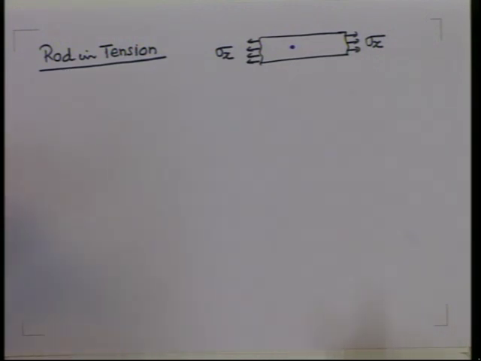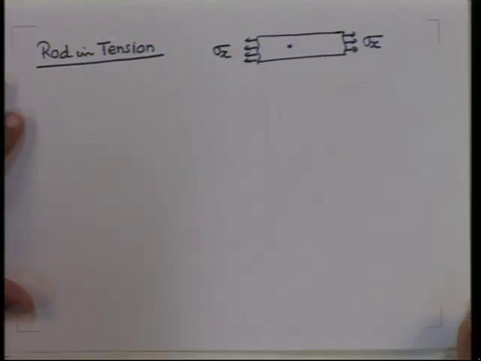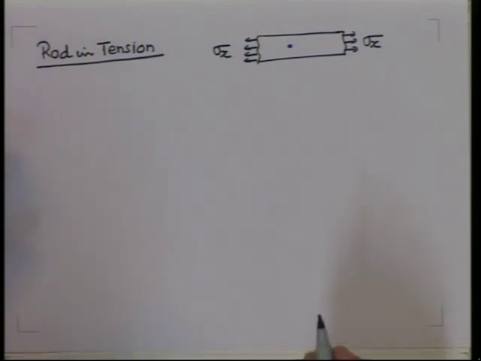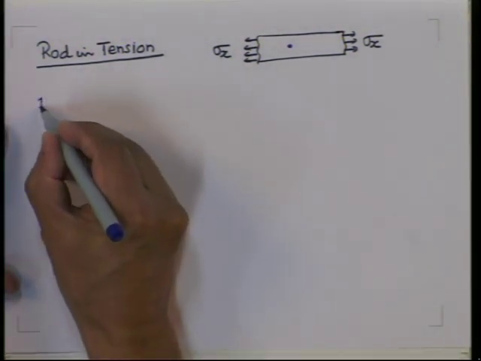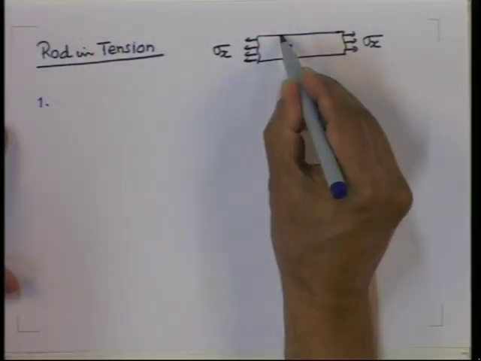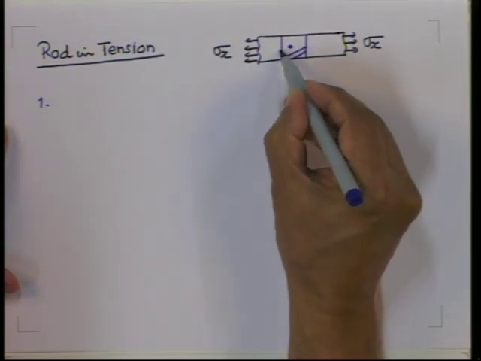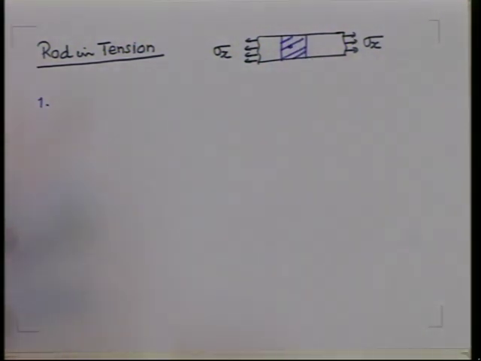If you start from simple theory of elasticity, one is the equilibrium equation. I think all of you are doing or have done a course on elasticity. The rod, every element of this rod, must remain in a state of equilibrium under the action of forces.